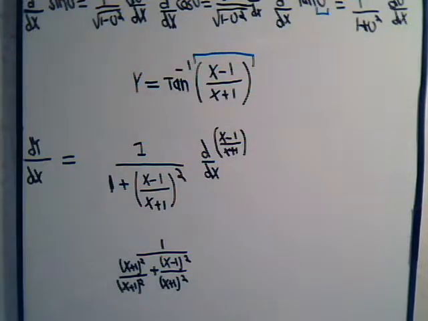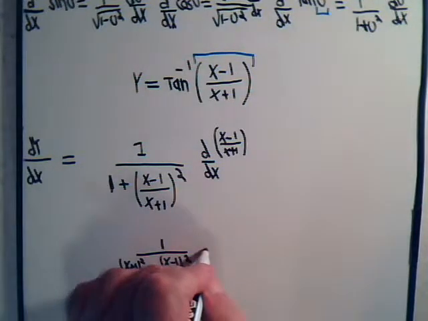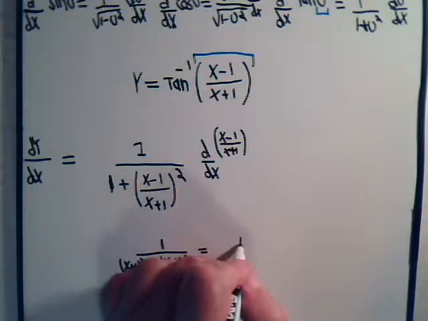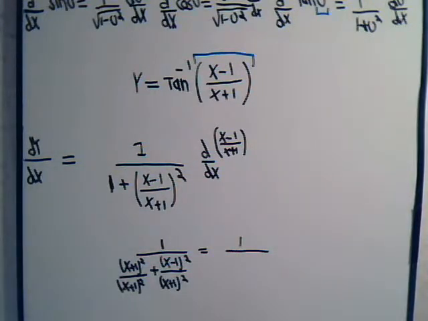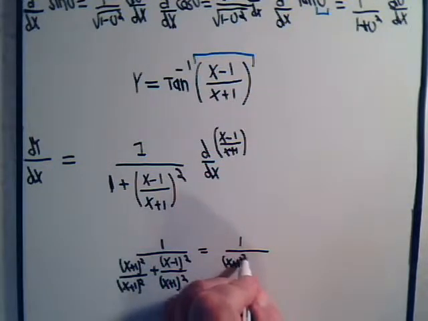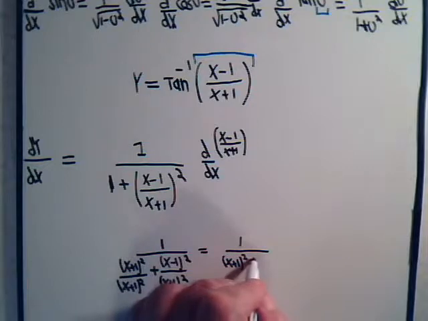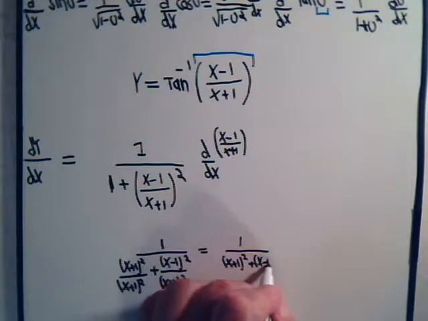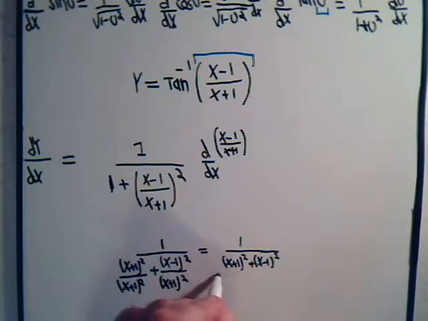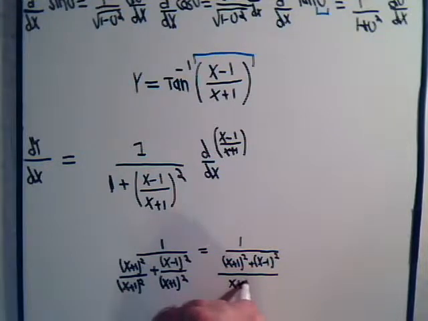So let's see, this will equal 1 over this plus this divided by this. So we would have x plus 1 squared plus x minus 1 squared divided by this common denominator, x plus 1 squared.